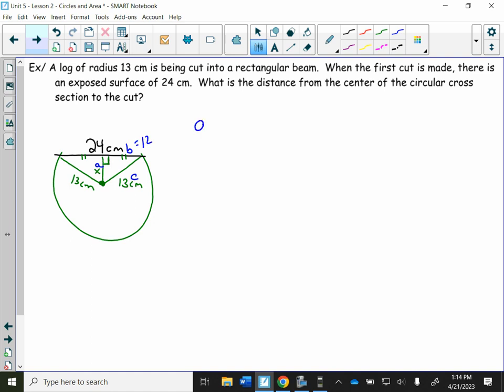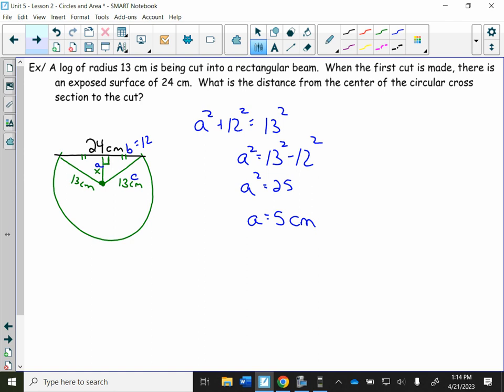So I'm going to do a squared plus b squared equals c squared. Quick rearrangement, 13 squared minus 12 squared. That gives me 25. And if I square root it, I get a is 5 centimeters.